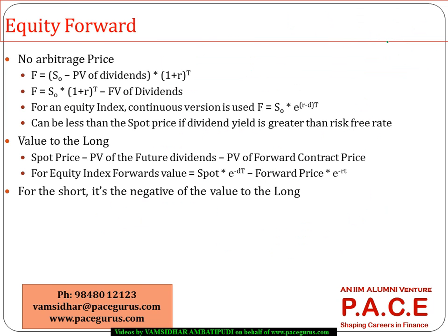Then the next set I would like to look at here is the forward contract on any equity security which may pay a dividend. If there is a dividend on an equity security, or if there are a series of dividends, one or more, how do I go about finding the no arbitrage forward price on that, as well as the value of the forward contract somewhere down the lane?